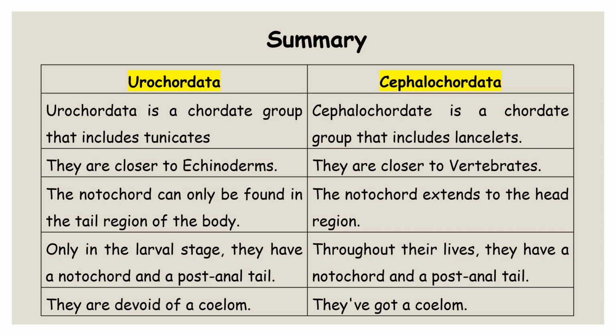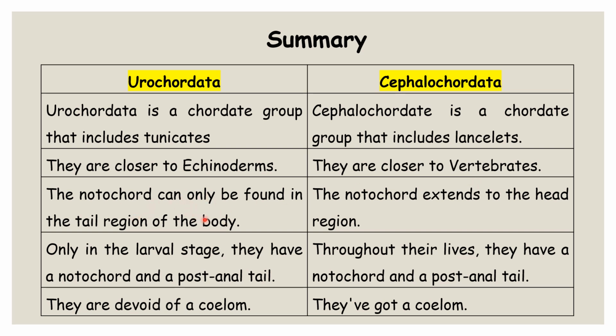Now, in summary, we're going to compare the salient features between Urochordata and subphylum Cephalochordata. Urochordates are commonly known as tunicates. On the other hand, cephalochordates are known as lancelets. Urochordates closely resemble echinoderms, whereas cephalochordates are closer to vertebrates.